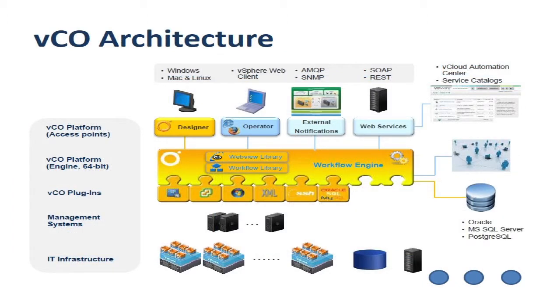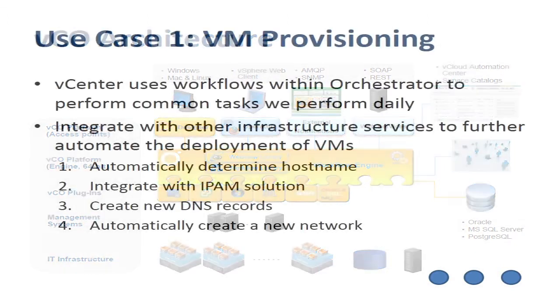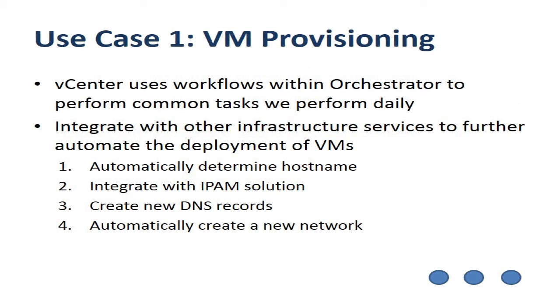On this slide, we can see the VCO architecture, which is effectively the workflow engine that you can plug different plugins into. vCenter Server, for example, is a plugin. vCloud, you can also have SSH plugins. There might be third-party plugins from an IPAM provider or something. So there are multiple different ways that you can extend the architecture and integrate with it, which can help with your automation. The first use case I'll talk about is customization of VM provisioning.